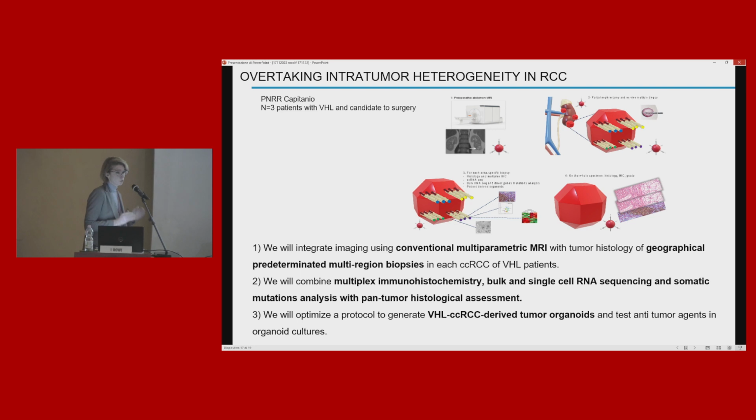In this case, we want to do the same, but also integrate this data with conventional multiparametric MRI to correlate this data with radiomic data, and also this time to not only take a sample, but to do biopsies, and not only one biopsy per sample, but to take 3 biopsies per quadrant: 1 biopsy for single cell, 1 biopsy for DNA and RNA, and 1 biopsy for immunohistochemistry and histopathology.